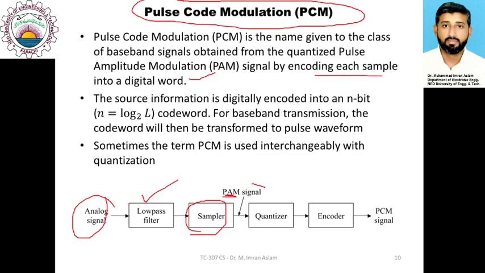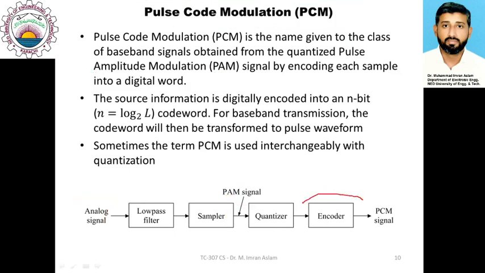Sometimes this sampled output is also called pulse amplitude modulation or PAM signal. Then we pass it through the quantization process as we previously discussed, and then we use an encoder to transform those quantized levels into binary digits.